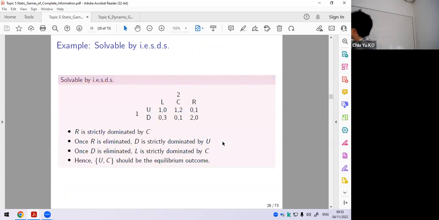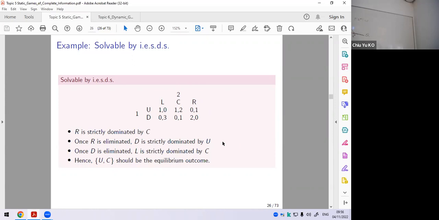Like in this example. Initially, you can't find a dominated strategy for player 1. But if you look at player 2, you can eliminate R, because comparing C and R, under U, C is better than R, and under D, C is also better than R. So R is gone, and the 2x3 game becomes a 2x2 game.